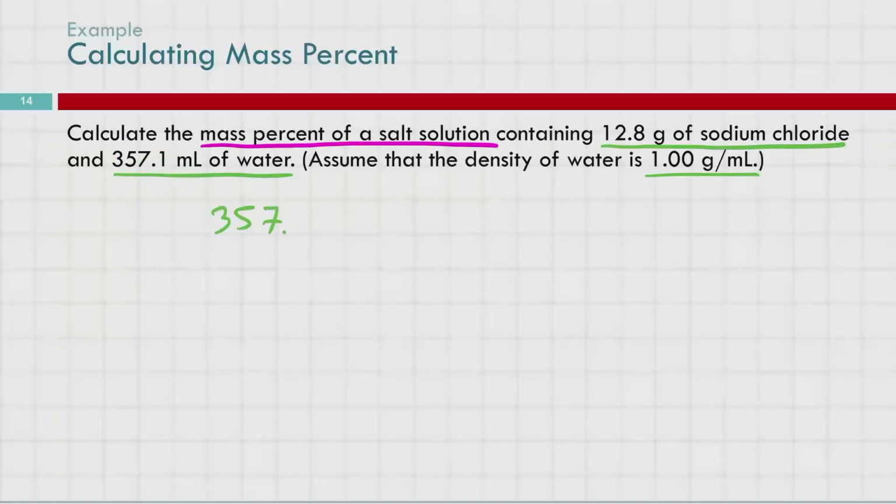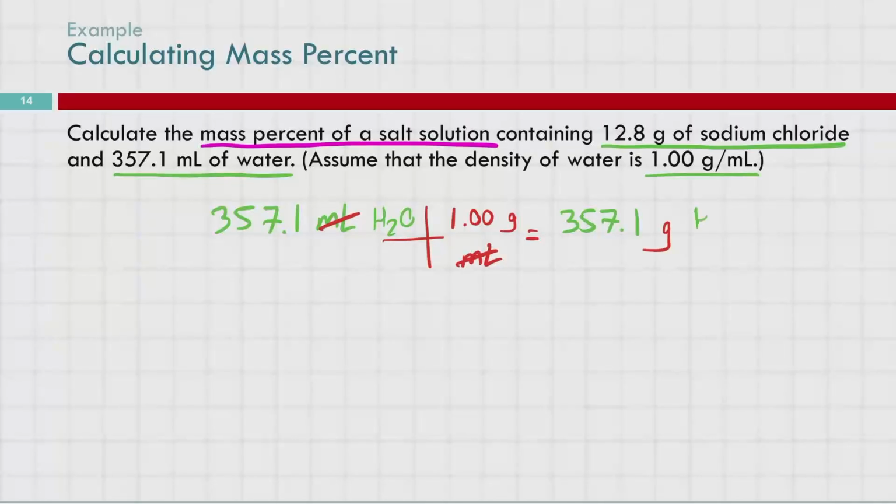If we want to be rigorous about it, 357.1 milliliters of water. Our density has grams over milliliters, so we'd multiply by grams per milliliter. Milliliters cancel, and we can see that it's the same number, just with different units. One of the convenient things about water.